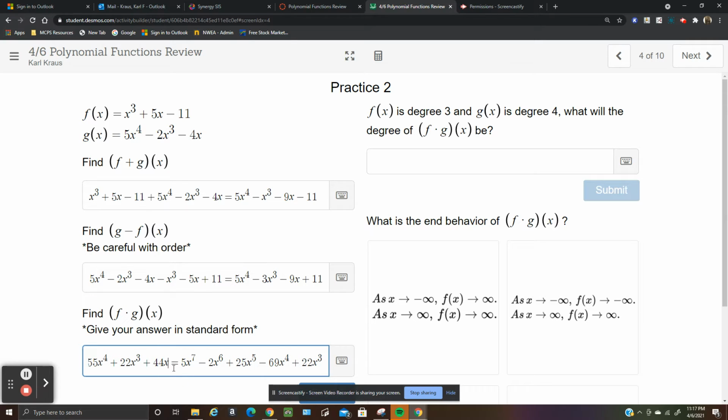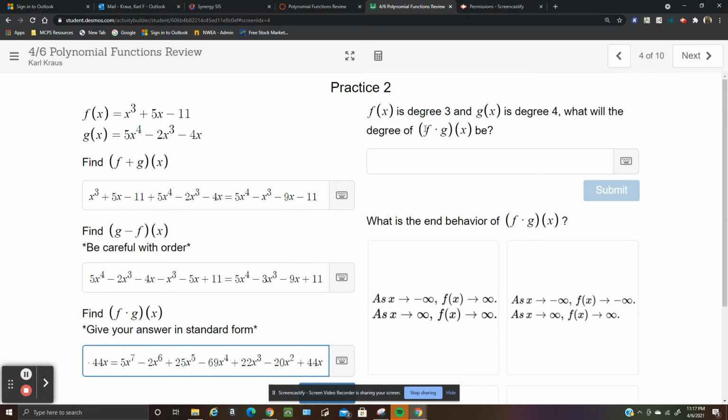And then x squared terms, minus 20x squared, and then plus 44x. So reading the whole polynomial, 5x to the seventh minus 2x to the sixth plus 25x to the fifth minus 69x to the fourth plus 22x cubed minus 20x squared plus 44x.